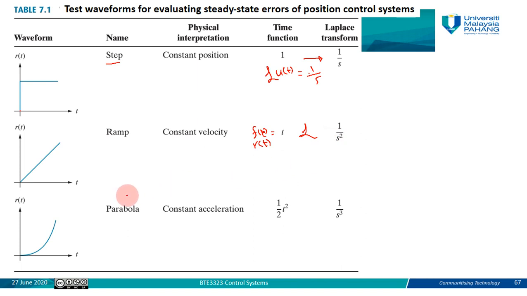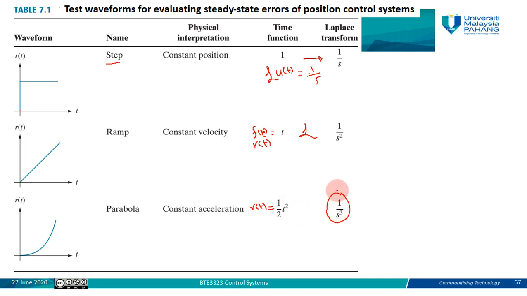The third function that we are going to use to test the steady state error of a control system is the parabola function. In the time domain, r(t) equals 1 over 2 t squared, or t squared over 2, and the Laplace transform of this function is 1 over s cubed.